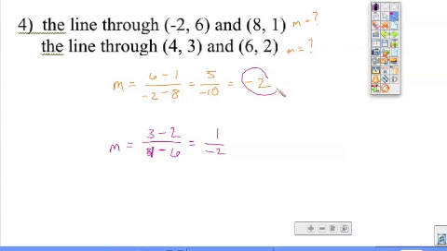Which, again, negative 2 and negative 1/2 are reciprocals. However, they are not negative reciprocals of each other, so this is neither parallel nor perpendicular. They're not the same, and they're not negative reciprocals.